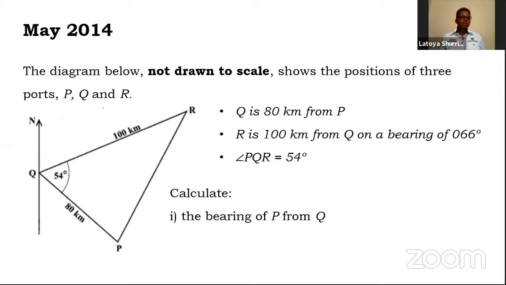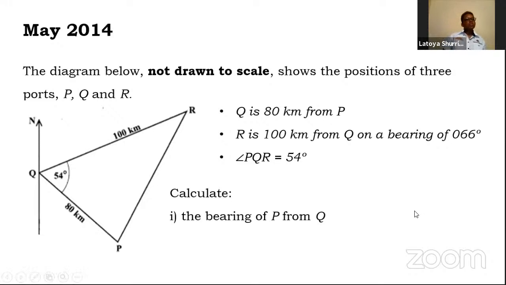So the diagram not drawn to scale shows the positions of 3 ports, P, Q, and R. Q is 80 kilometers from P. R is 100 kilometers from Q on a bearing of 066 degrees.